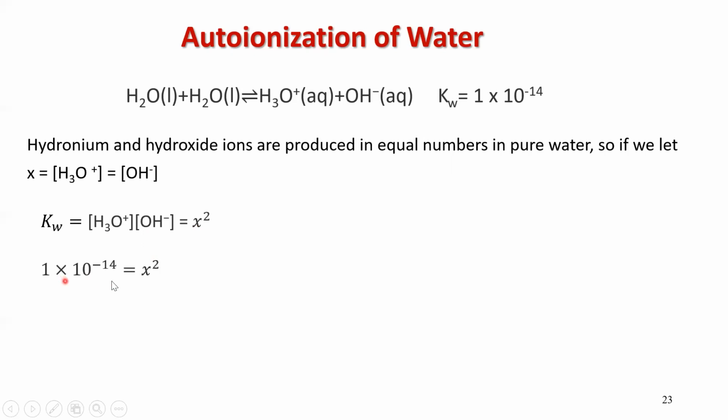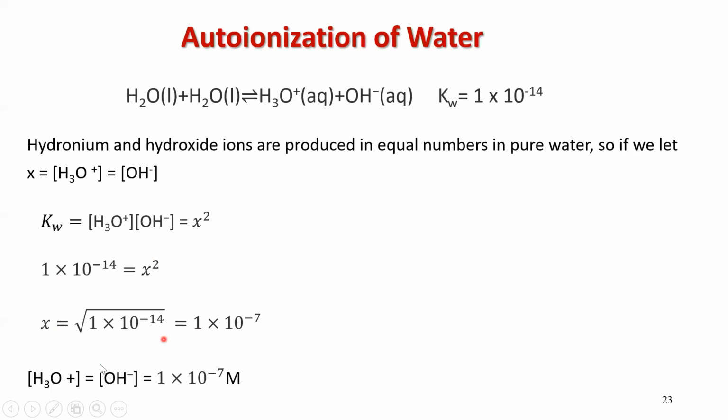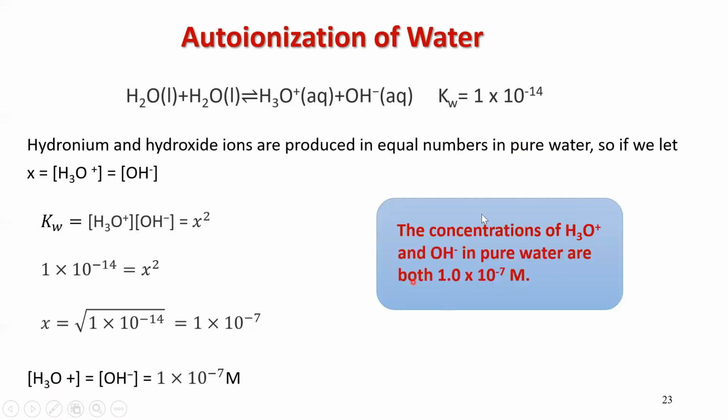So 1 times 10 to the minus 14 equals x squared. If we take the square root of both sides, we're going to get x by itself. And x equals 1 times 10 to the minus 7, which is the concentration of hydronium ions and the concentration of hydroxide ions in pure water. So that's something we want to remember. The concentration of hydronium and the concentration of hydroxide in pure water is 1.0 times 10 to the minus 7.